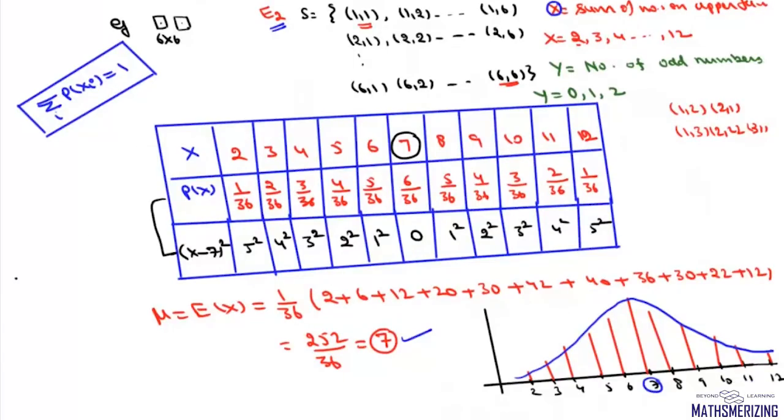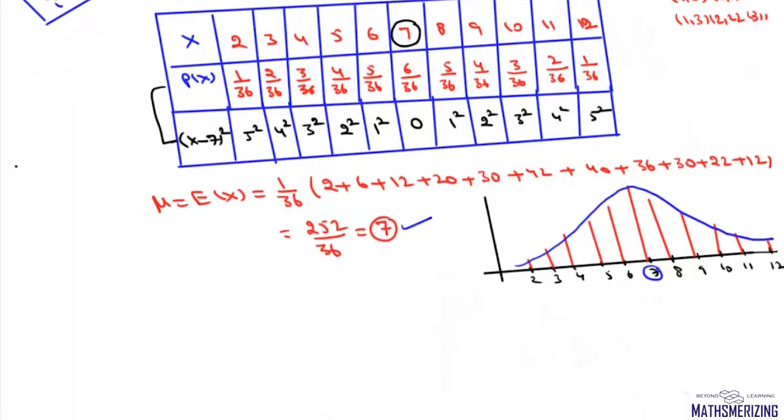Now once we have these two, we can directly write the variance of this random variable x.